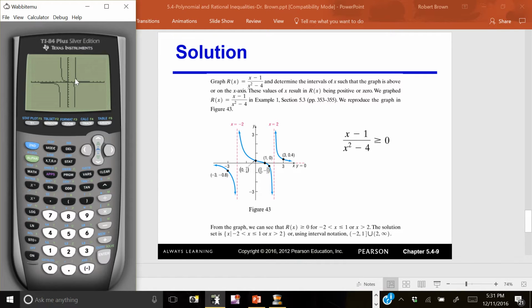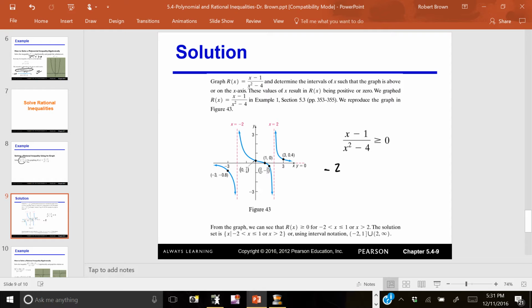And then beyond 2, it's greater than 0 all the way to infinity. So we would write x more than minus 2, less than or equal to 1, union with x between 2 and infinity.